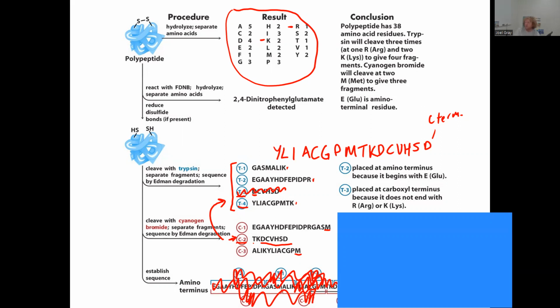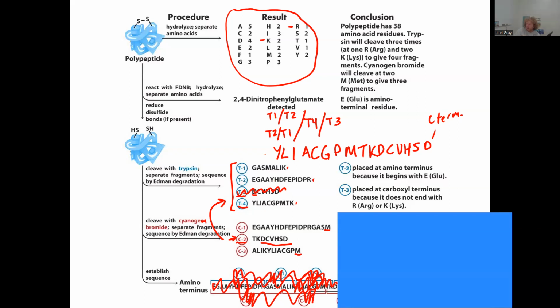What I did was I said, okay, the information that I got from the cyanogen bromide cleavage, I can use to reconstruct the peptides from the trypsin cleavage. And so I can know that this is T3, T4. Now I'm left with, is it T1, T2, or is it T2, T1?